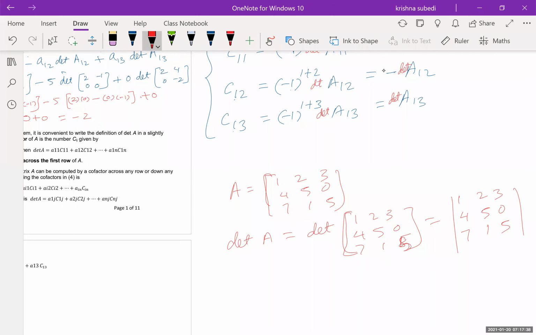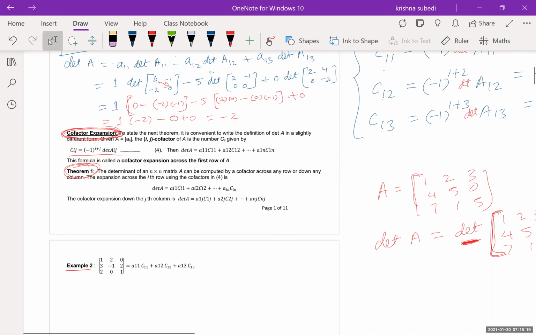If you write the matrix symbol, you must write DET at least, the determinant and then the matrix symbol. If you don't want to write the word determinant, then you can use the vertical lines. When the matrix is written between two vertical lines, this means determinant. You don't have to write the word determinant anymore. That's the symbol, that's how we represent the determinant.